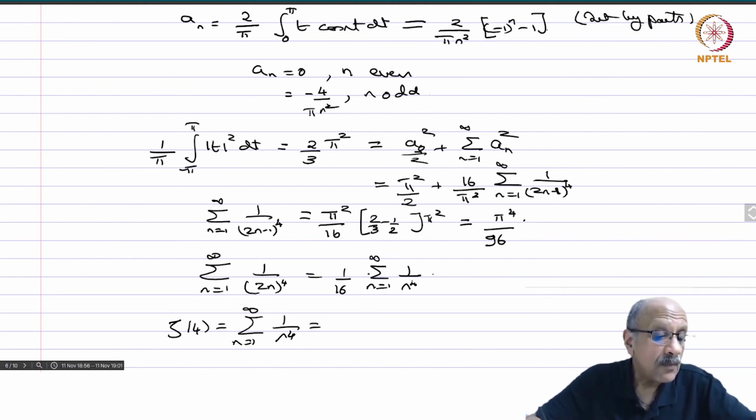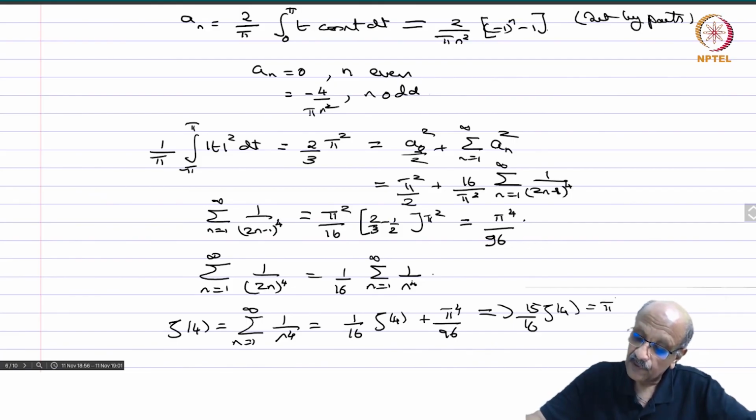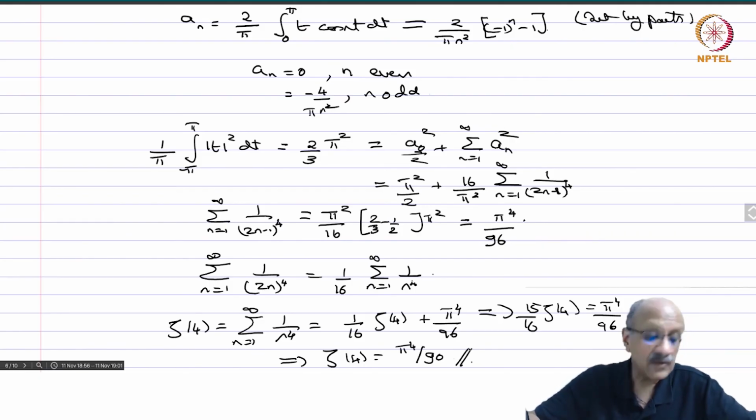So you have 1 by 16 zeta 4 plus pi power 4 by 96, and consequently 15 by 16 zeta 4 is equal to pi power 4 by 96, and therefore if you cancel it, zeta 4 equals pi power 4 by 90. Okay, so that is how you compute.